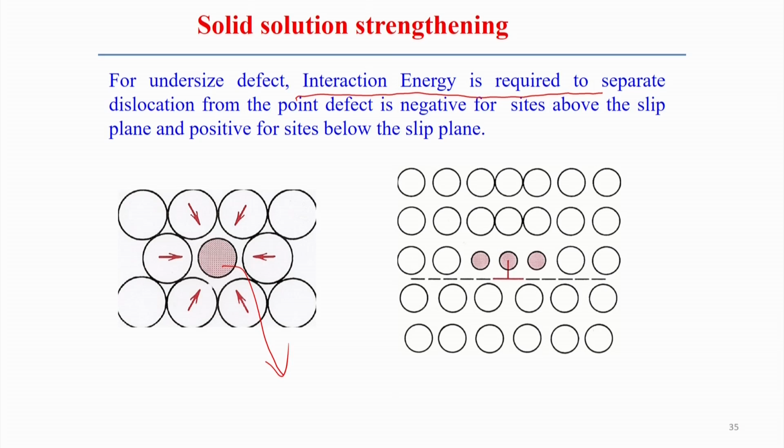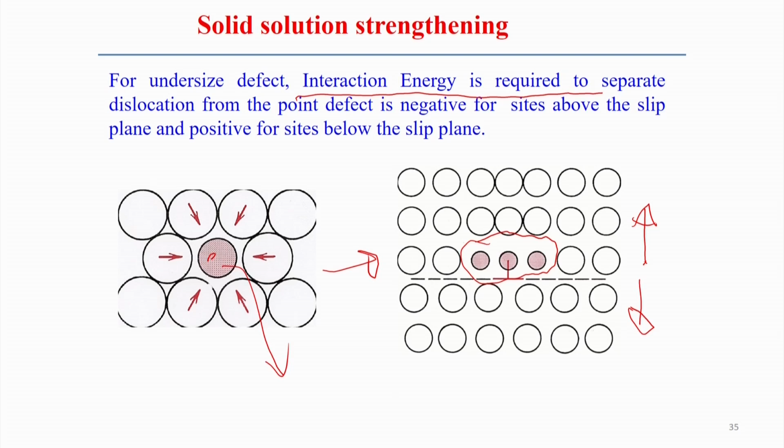The stress field will be created towards the center point of the solute atoms, and with this configuration the sides above the slip plane and below the slip plane differ. This is the positive side, and here above the slip plane can be considered as a negative side. So the solute atoms will be attracted at that position.